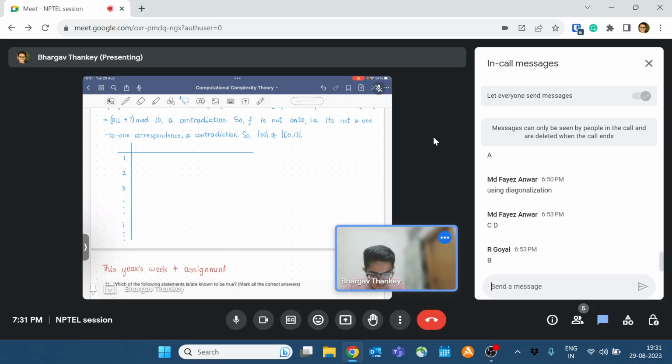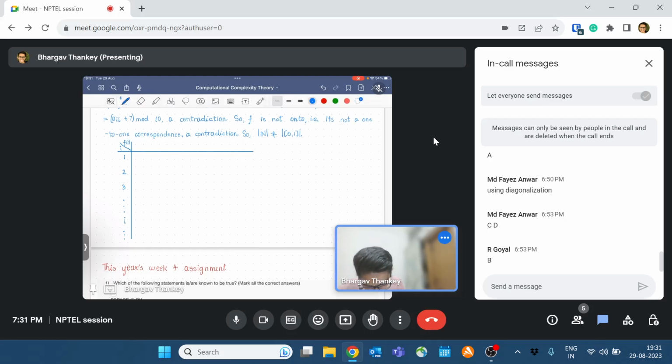Okay, so what I'm going to do is over here, I'm going to write i. Over here, I'm going to write f(i), but in its decimal expansion. So this is going to be a_i1, a_i2, a_i3, and so on, right?